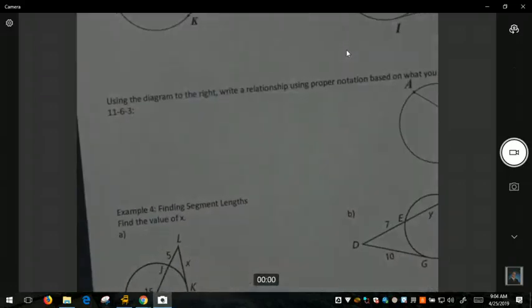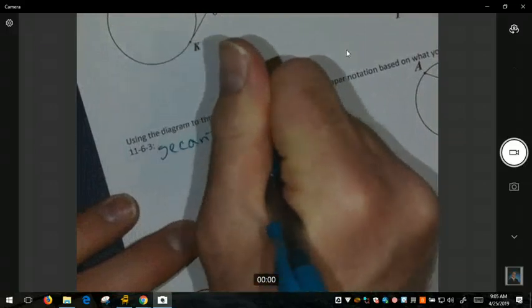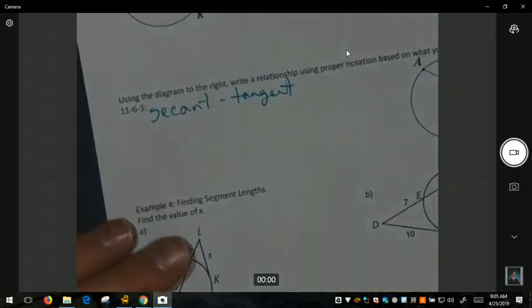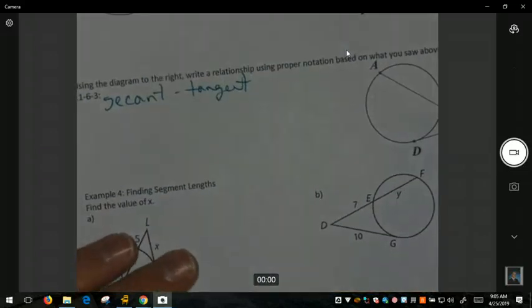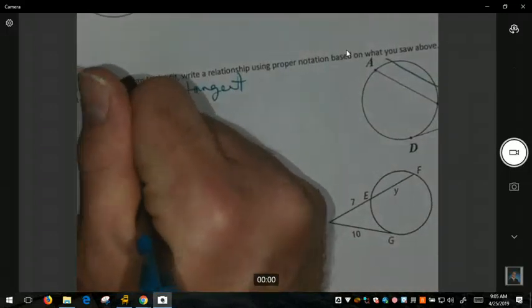The summary of our very last theorem from this section is the secant-tangent product theorem. What we do is it's going to be like before with the secant. We need the full piece times the outside piece.